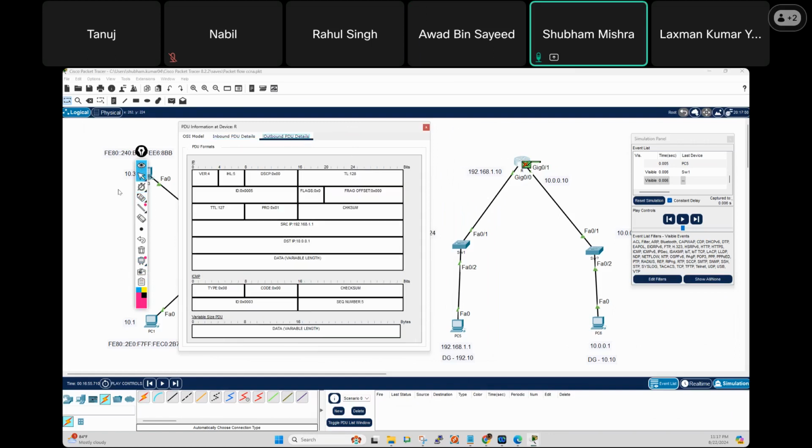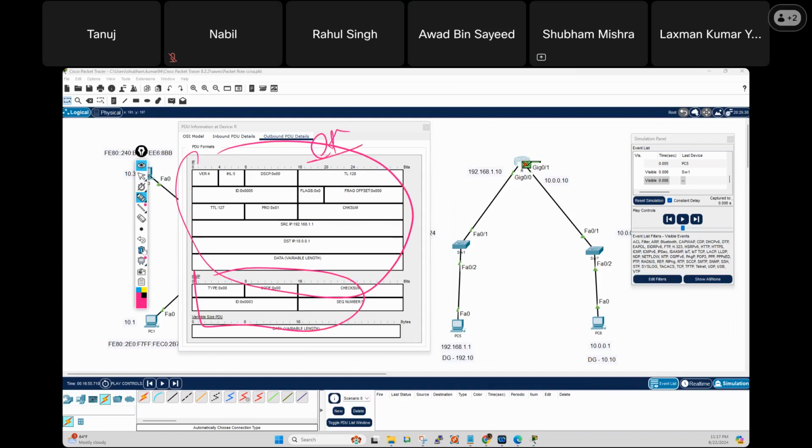Now come to the outbound packet. When you look at the outbound packet, one thing is missing. The ICMP header is there, the IP header is there, but where is the Ethernet header? It is missing. The reason, please remember this.